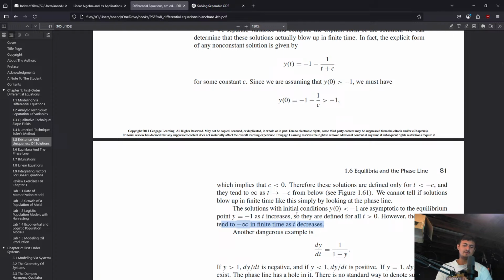If, on the other hand, well, let's just plug in 2. And y of t is equal to minus 1 over 2 minus 1, which is equal to minus 2.